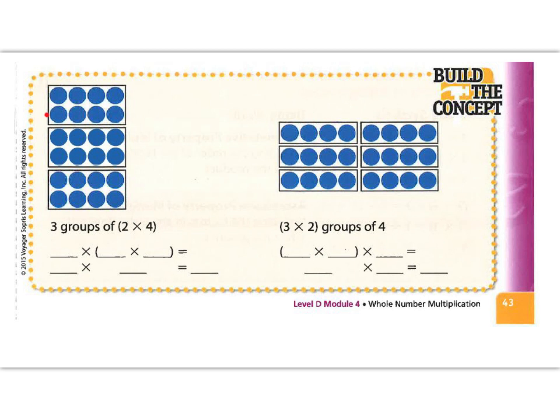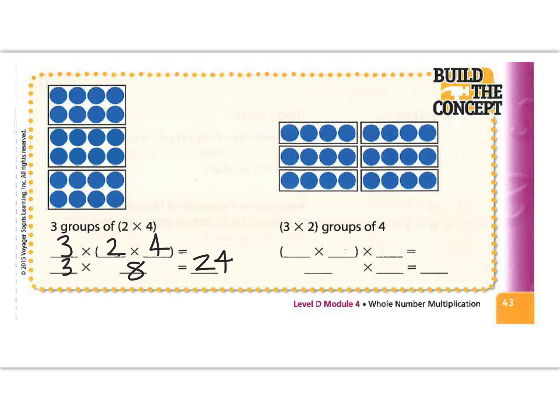All right, we can see here we have 1, 2, 3 groups of 2 times 4. So we would write that as 3 times 2 times 4. Well, then we would solve. We have 3, but we have to do the parentheses first here. So we would do 2 times 4 is 8. 3 times 8 is 24.